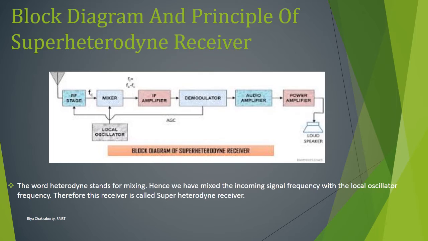And number 3, high adjacent channel rejection. Here the intermediate frequency is 455 kHz and the IF bandwidth is 10 kHz. So I believe this is clear to you.